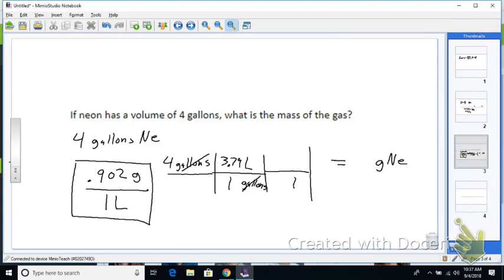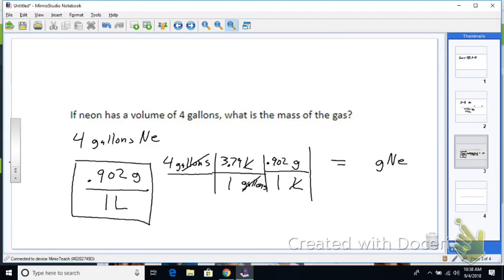Liters, because they've got to cancel out. And then grams. Then what goes up here? Grams. So here it says for neon, this should be 0.902 grams for every 1 liter. And now I've got my answer.